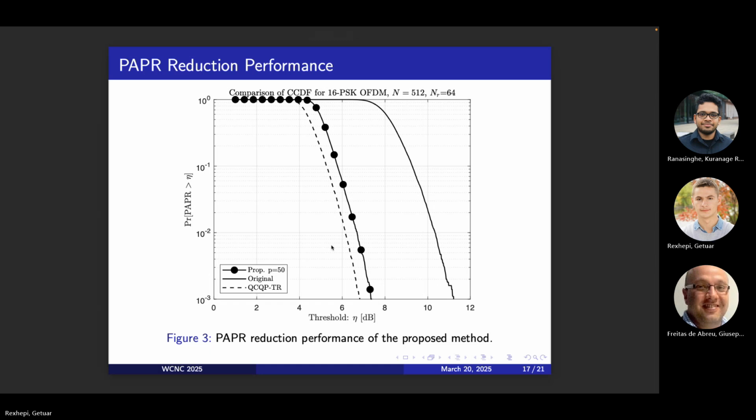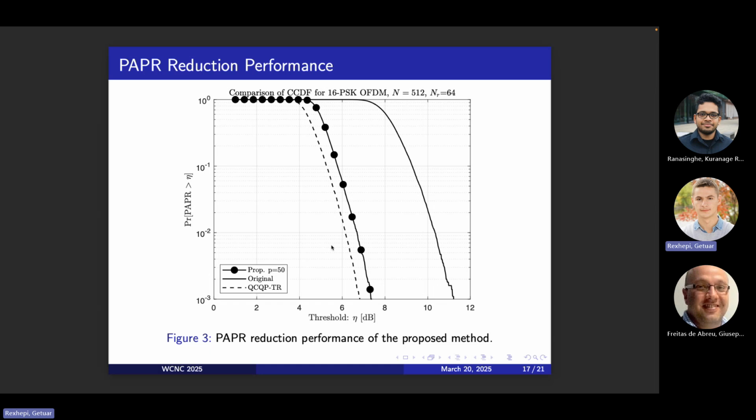Here we present the PAPR reduction performance. The black line is the original PAPR of OFDM, which is quite high. And then the intercepted line is the optimal tone reservation technique that we presented earlier.